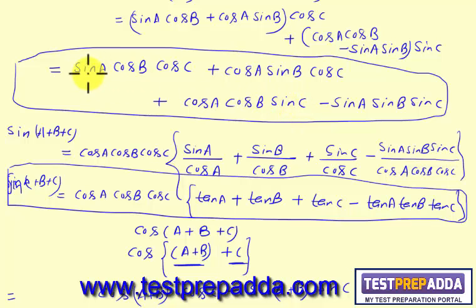So here you can see all the terms are basically the same, right? Cos square alpha sin alpha, cos square alpha sin alpha, cos square alpha sin alpha, and sin cube alpha. So 3 cos square alpha sin alpha minus sin cube alpha.